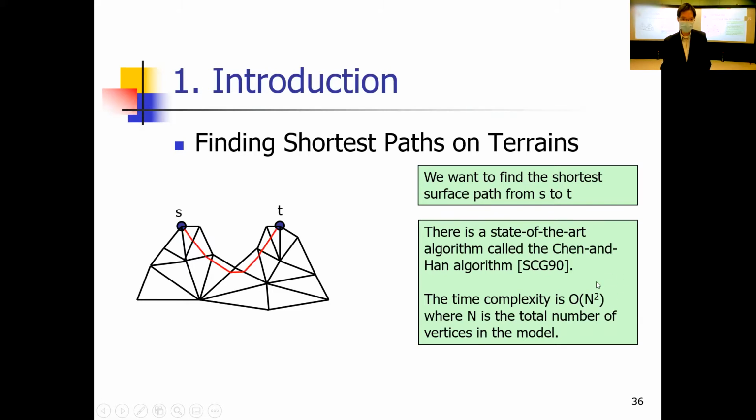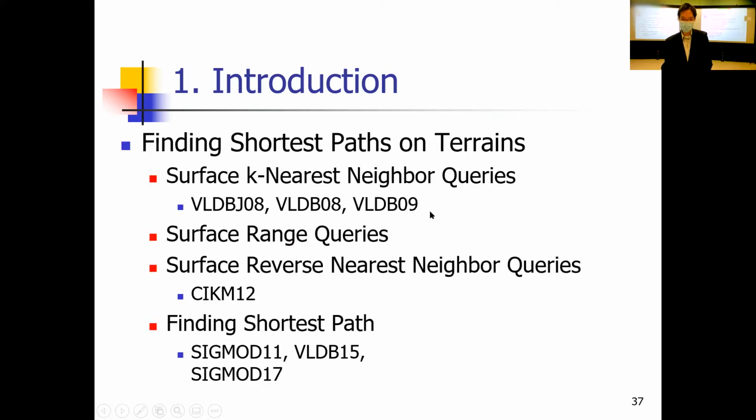Now let's see, the red color denotes the shortest surface distance from source to destination. There are a lot of shortest surface path papers on terrain in the literature: surface k-nearest neighbor query, surface range query, surface reverse nearest neighbor query, finding shortest path.